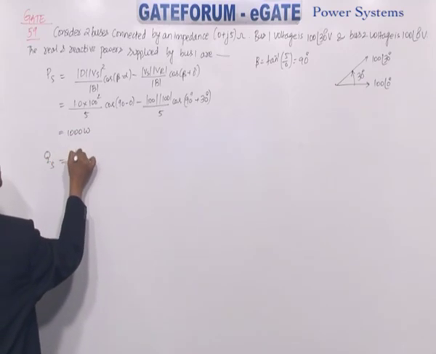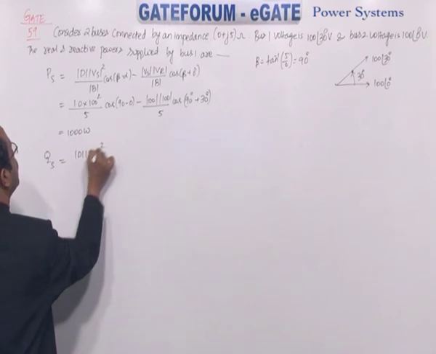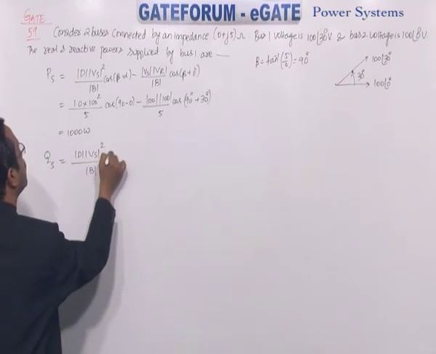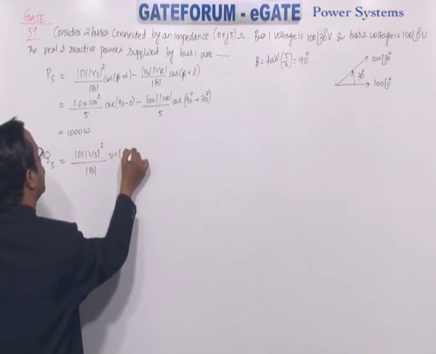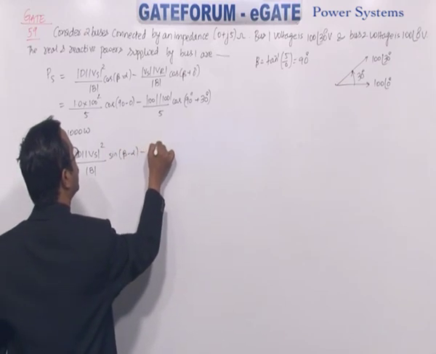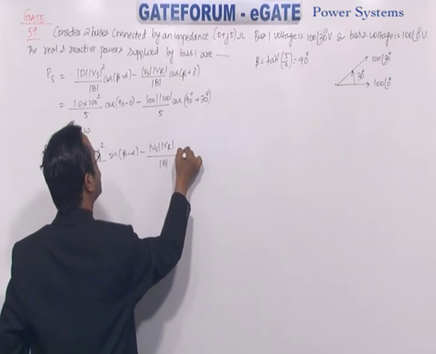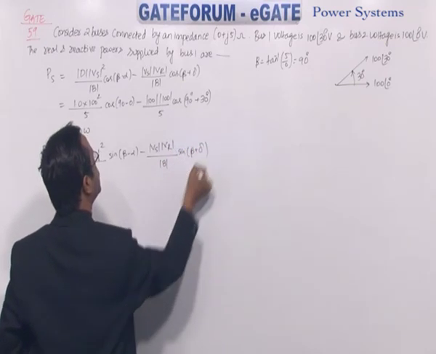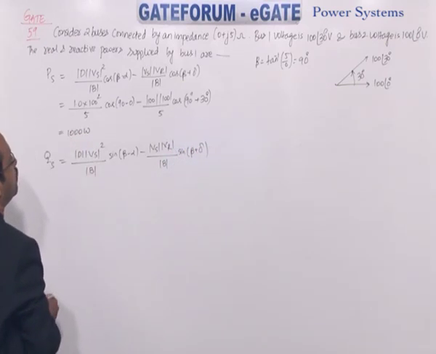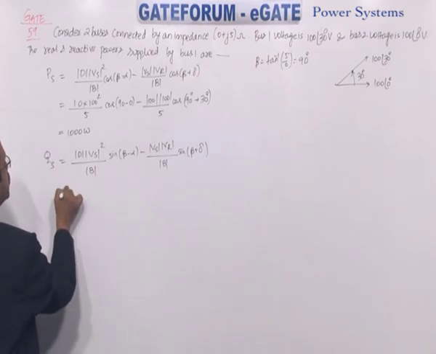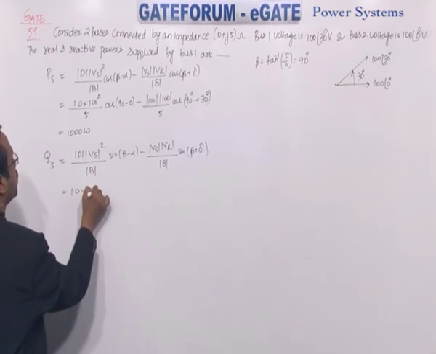Now what is QS? It is D Vs square by B sin(beta minus alpha) minus Vs Vr by B sin(beta plus delta). Same values, but you express in terms of sin now.